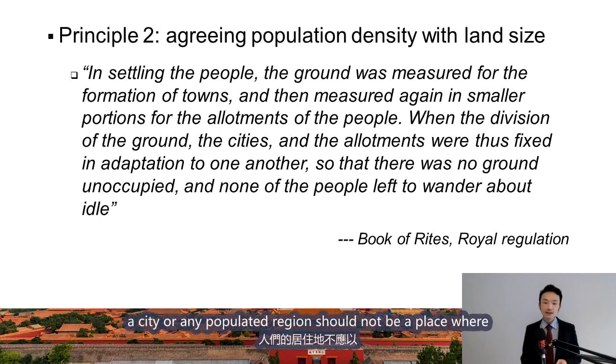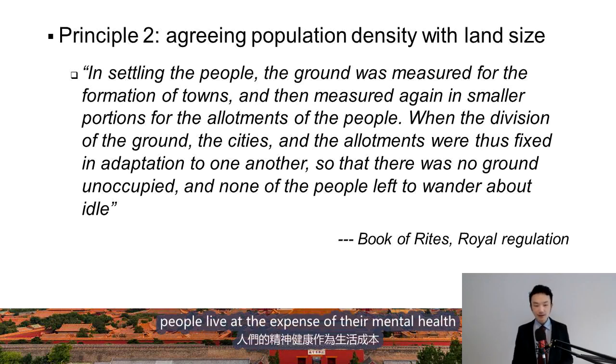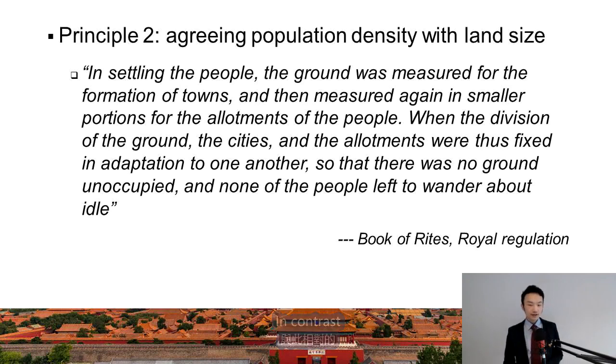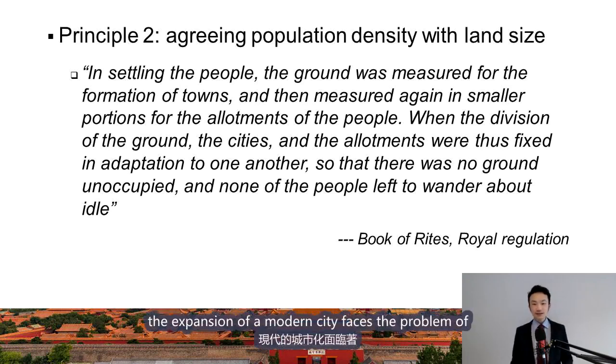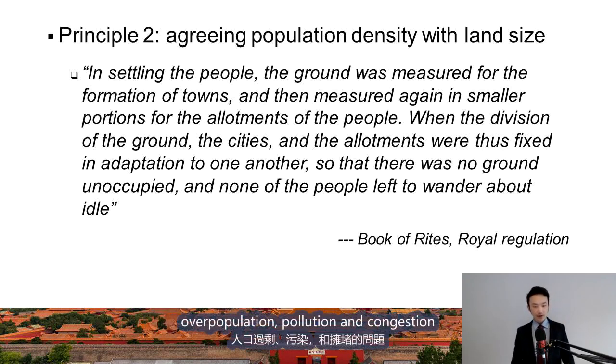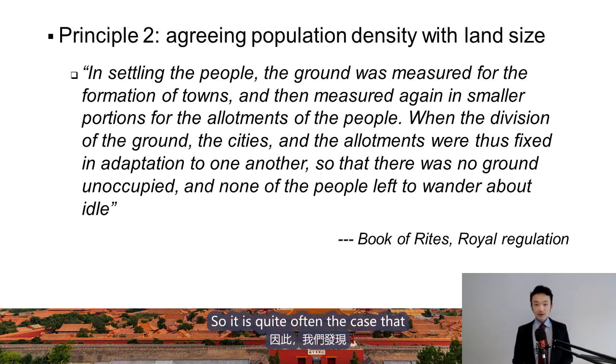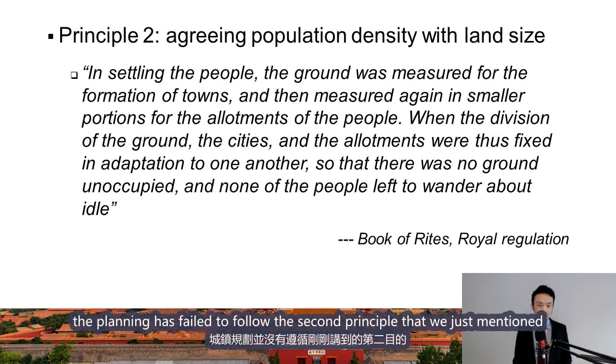So put it differently, a city or any populated region should not be a place where people live at the expense of their mental health. In contrast, the expansion of a modern city faces the problem of overpopulation, pollution, and congestion. So it's quite often the case that the planning has failed to follow the second principle that we just mentioned.